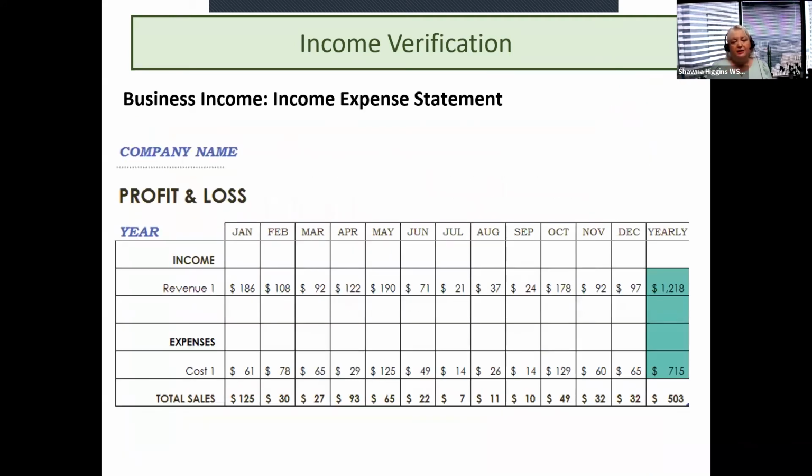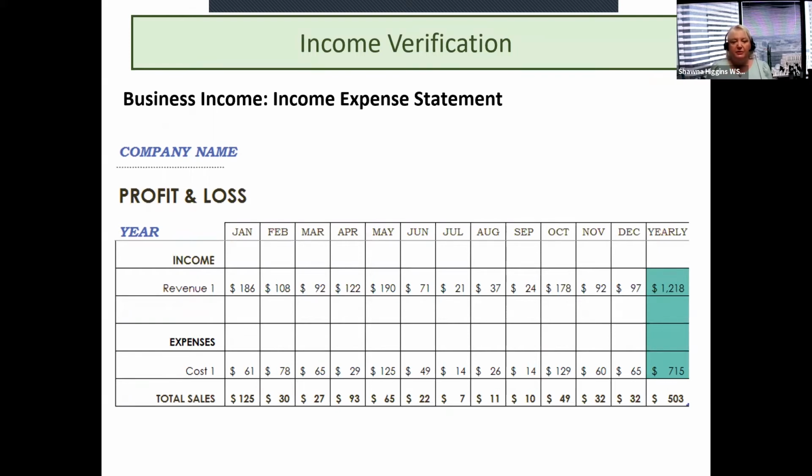All right, so here's a quick look at a very simple profit and loss. Like I said, we don't expect too much on this one. We do want every month put up on the top and then a yearly total on the right-hand side. And then we want the income that they're going to generate and then the expenses.